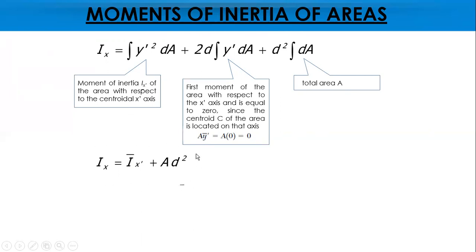And again, sa previous slide, it was mentioned na in order to use parallel axis theorem, one of the axes must pass through the centroid, which is this one. Kinina x is any axis. Arbitrary ni siya na axis. While this one is centroid.